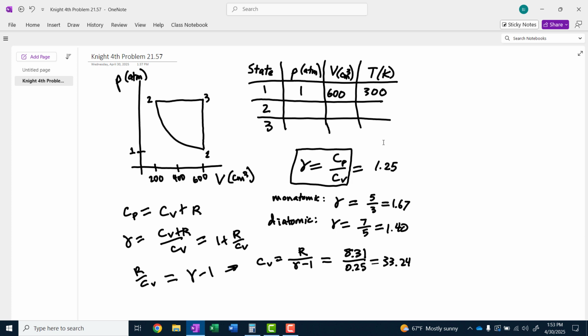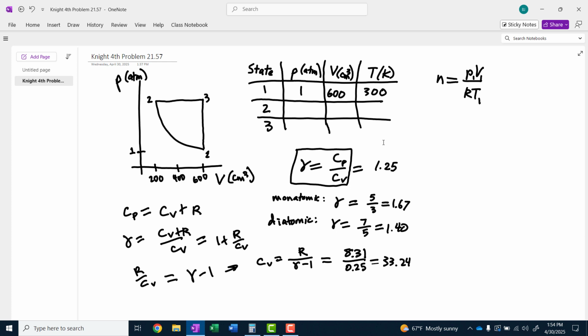Well, the first thing we should probably find out is how many moles we're dealing with, because we're probably going to need that at some point. So we use the ideal gas law, PV over RT, and we need to evaluate this at a particular state. And since we have the most information about state 1, I'll say P1V1 over RT1.